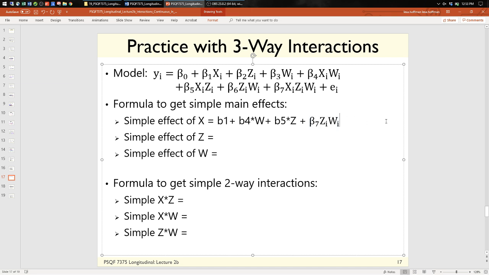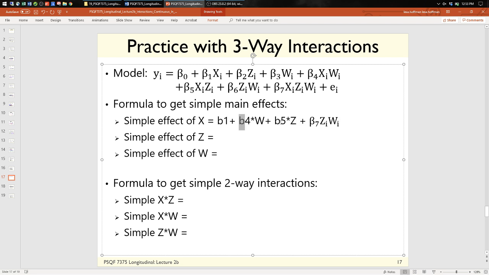So this then says the effect of x is given by this linear combination. It changes at the different levels of W and Z. Exactly. So the coefficient for beta 1 that the model is going to give you is for when W and Z are 0.